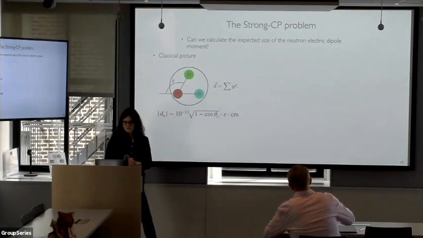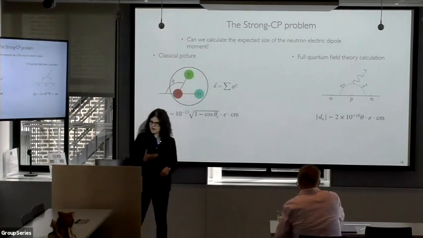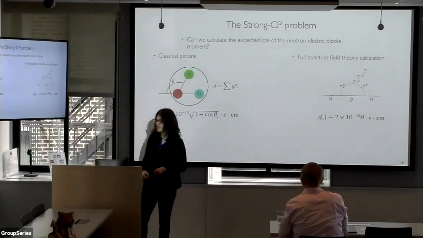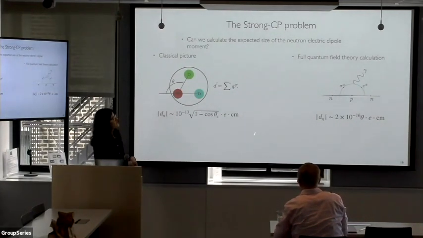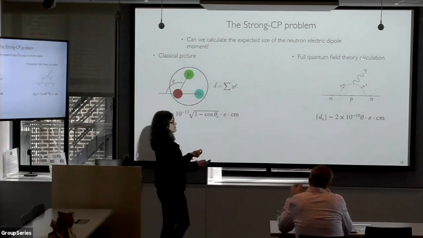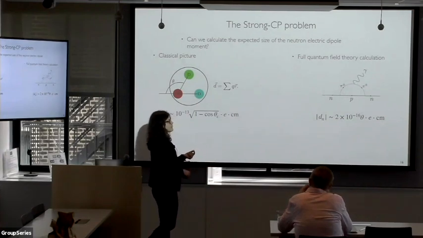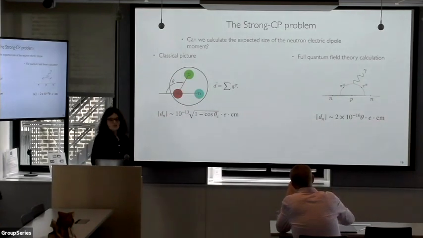Now, if theta is a parameter of the standard model, you can do the proper full quantum field theory calculation and find that the expected dipole moment is actually a couple orders of magnitude smaller. This is because there's a small charge that's associated with emitting this photon, and there's a loop factor and so on, but this is well understood.